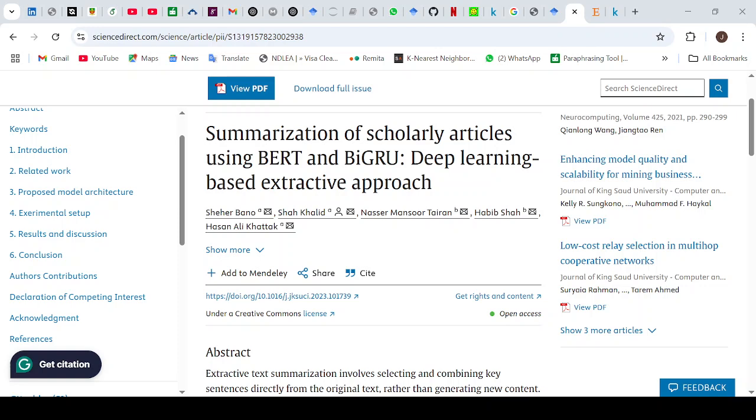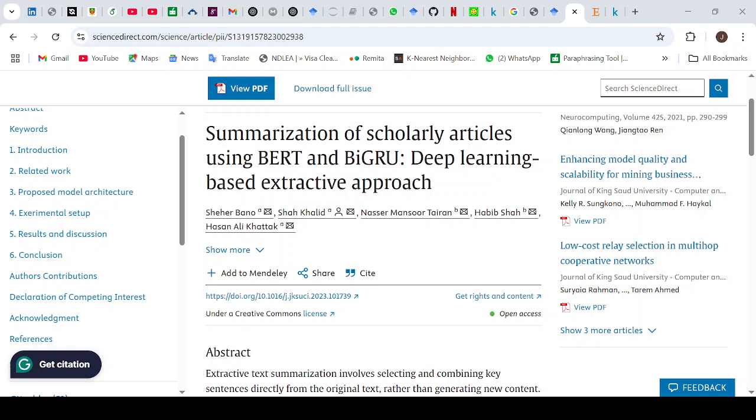So they use BERT in their model. BERT can be used in different natural language processing applications due to its powerful ability to capture contextual relationships in text.